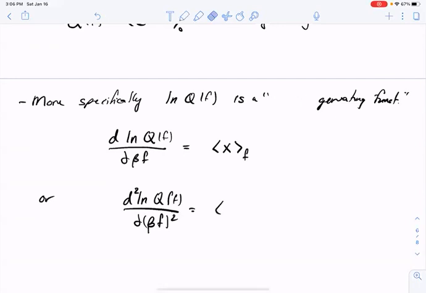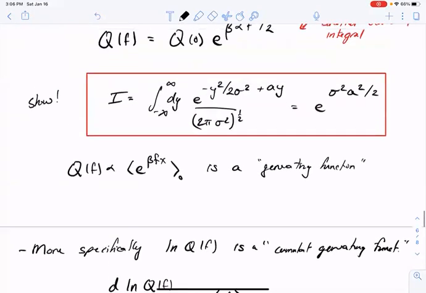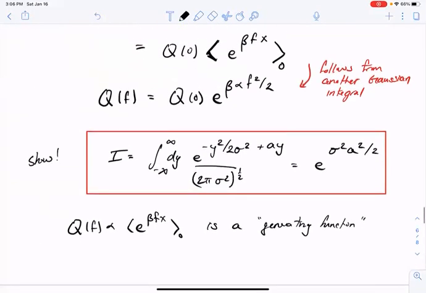Sorry, Q of F is a moment generating function. Log of Q is a cumulant generating function. The second cumulant is the variance of X in the F ensemble. We have an explicit expression for this here. All of the F dependence is there.